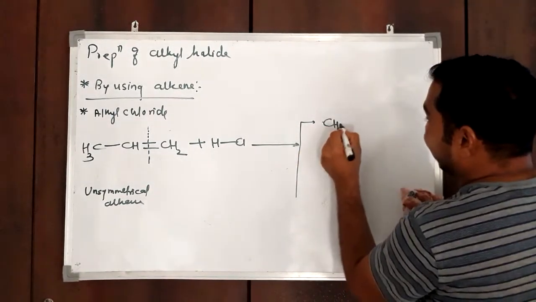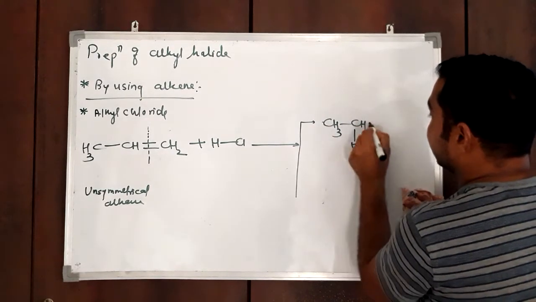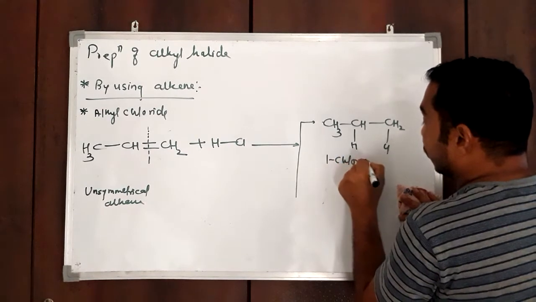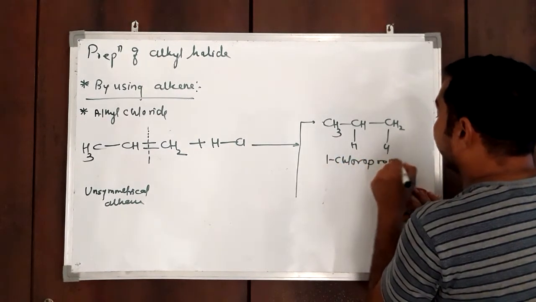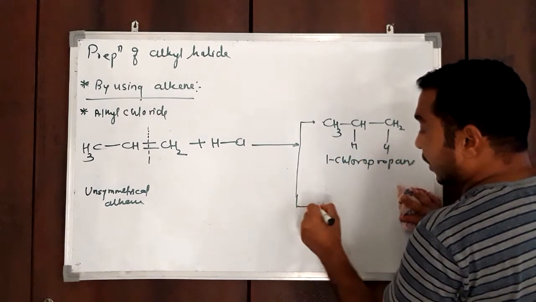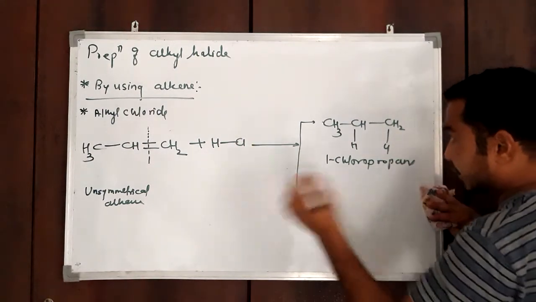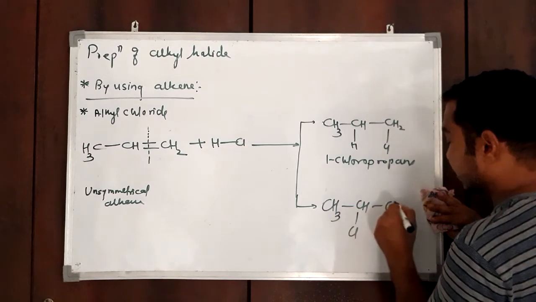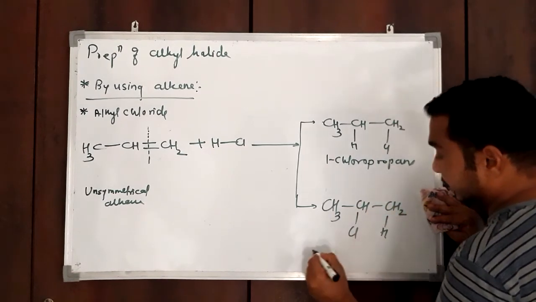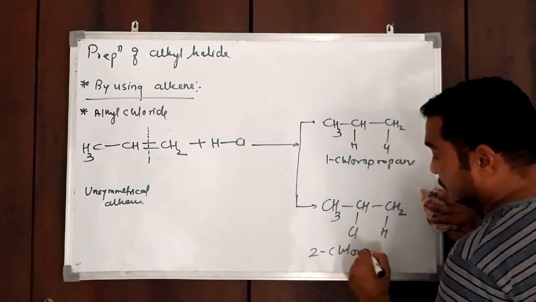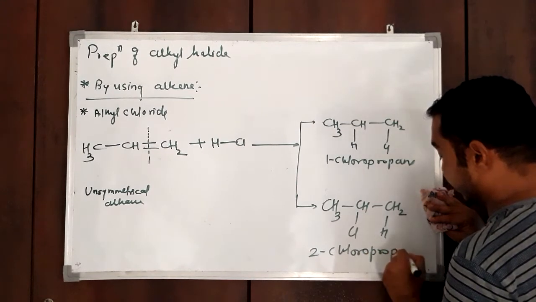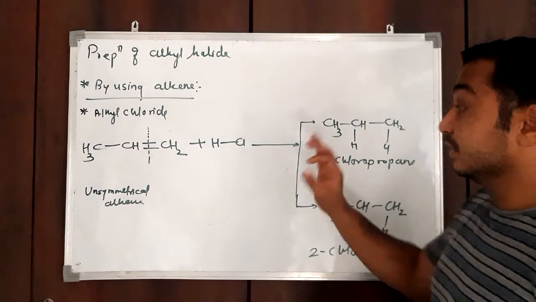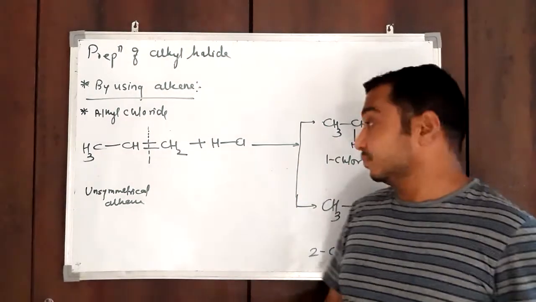One of the products is CH3CH2CH2Cl, that is 1-chloropropane. And if we interchange, then what do we get? CH3CHClCH3, that is 2-chloropropane. So these two products are obtained in the case of unsymmetrical alkene.